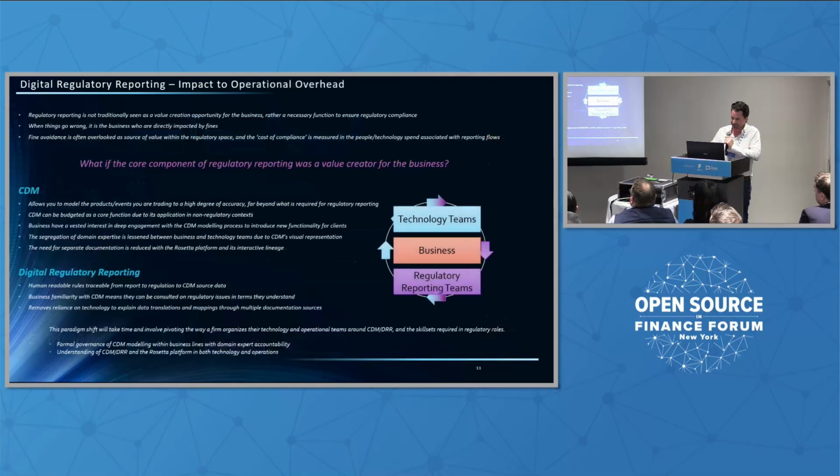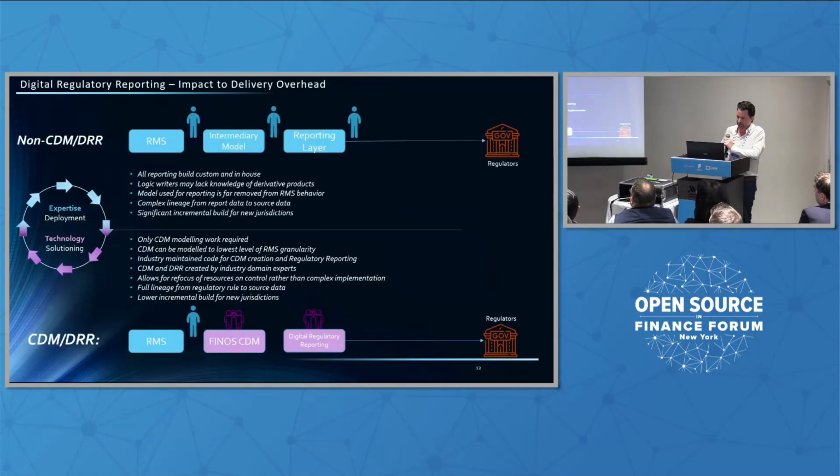Now, in terms of delivery, so I talked about operations. So the technology side of things, this is vastly simplified, but I think where we're at the moment is we're about to go live with ASIC and MAS in 19 days. The real value for us with CDM and DRR will be the next jurisdiction that we build.